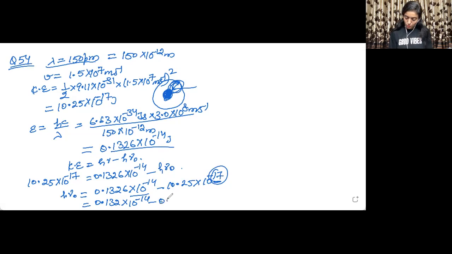So it will be 0.01025 × 10^-14. We have shifted the decimal point three places towards the left.